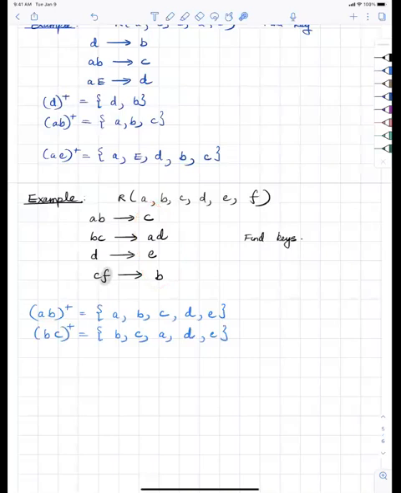If you have an attribute that never appears on the right-hand side of a functional dependency, that means F has to be in the key. So anything without an F in there, you're not going to get a key anyway. So that's a clue, by the way.